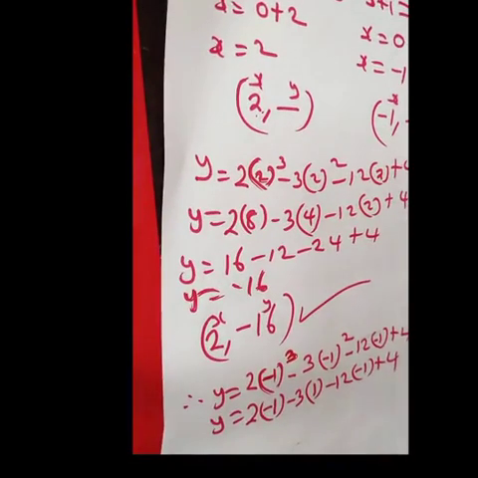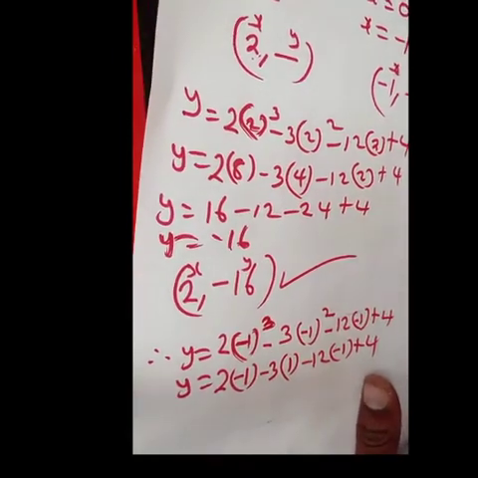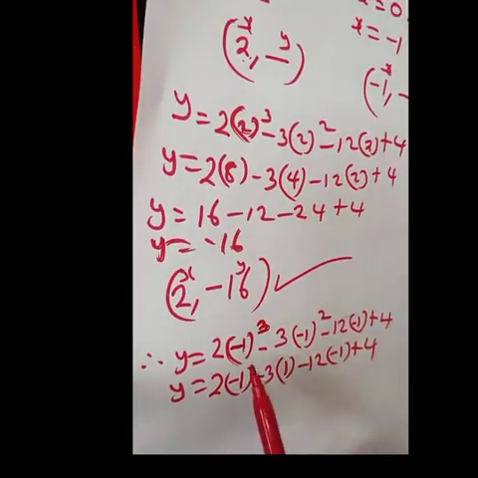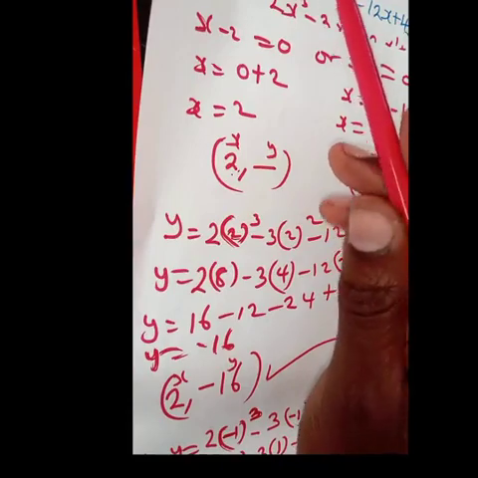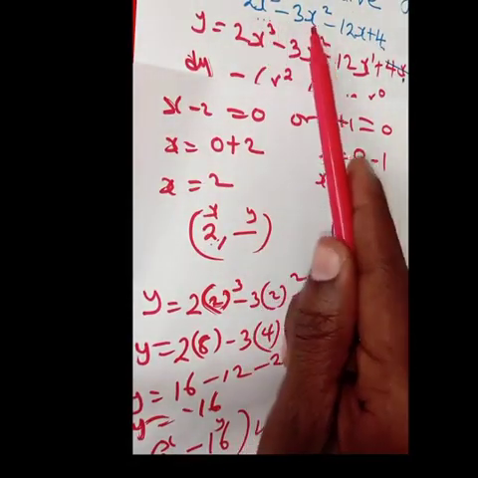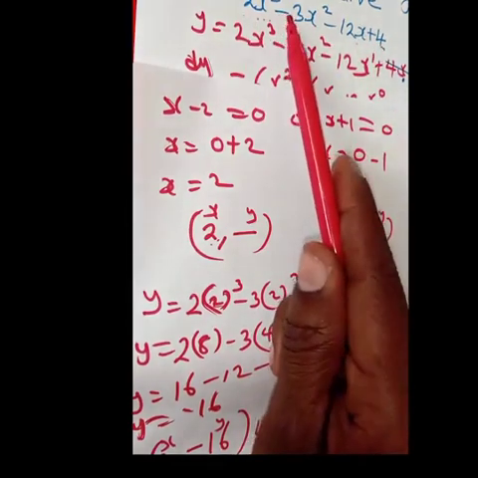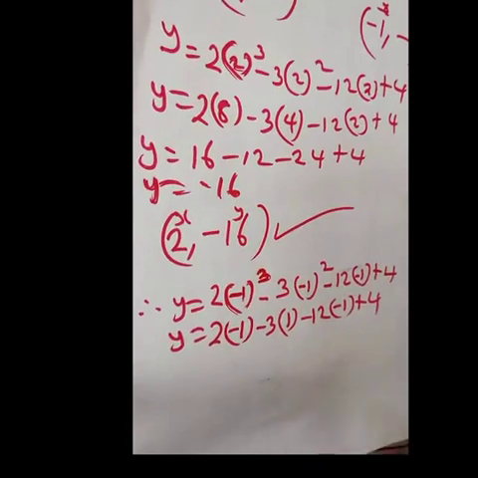So this is what we are doing. We are just replacing. Where there's x, we are putting -1, throughout.